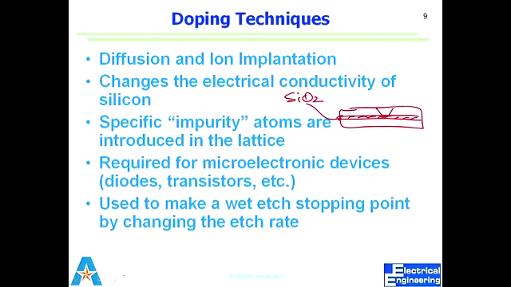And ultimately what I get now, if I flip this upside down, is much more concentration at the top, and it goes down as I move away from the top surface, right? That's diffusion.